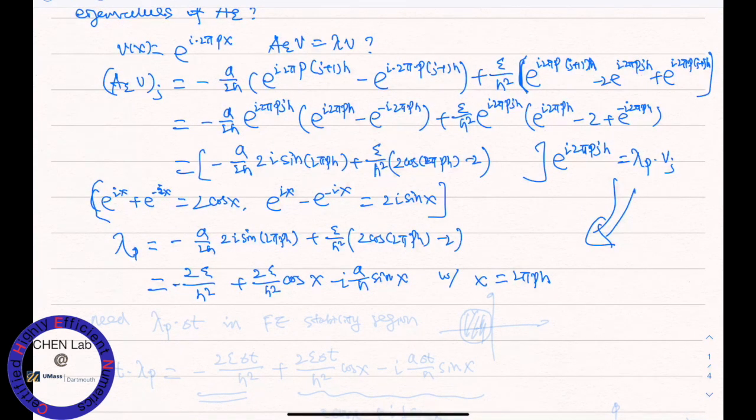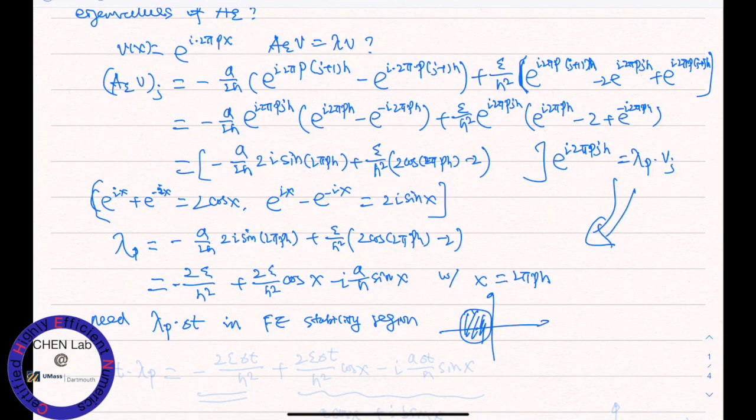Recall that what we need is lambda, the eigenvalue of that matrix A times theta t in the forward Euler stability region, right, which is that disk.